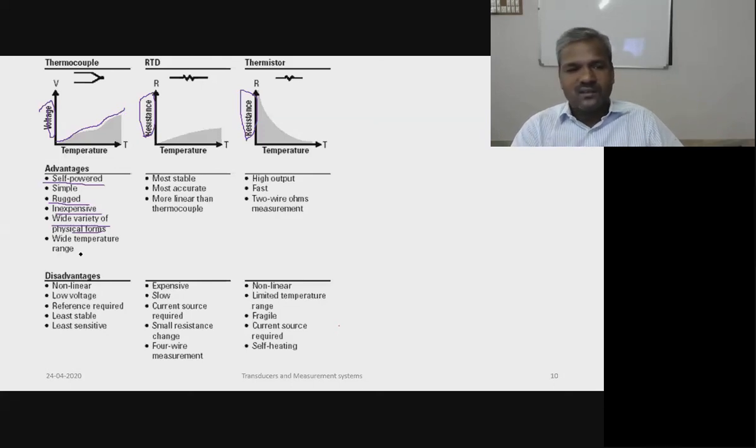One more disadvantage is that the thermocouple requires cold junction compensation, because the thermocouple response is to the difference in temperature.